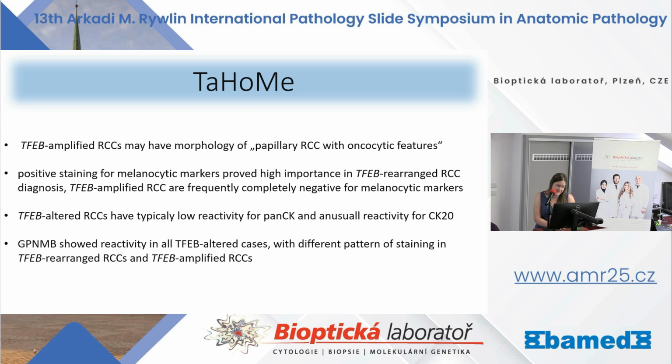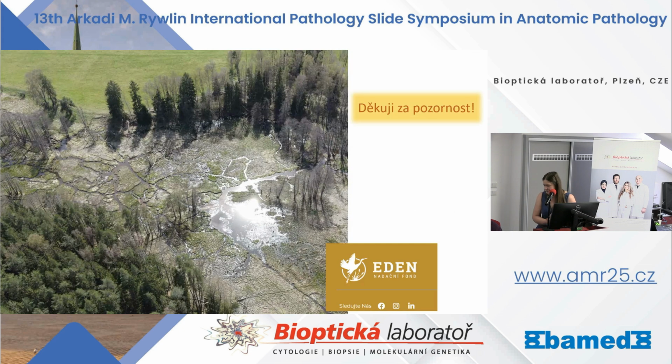TFE-B altered renal cell carcinoma typically has low reactivity for cytokeratin and usually at least focal reactivity for CD20. And GPNMB is a good marker for TFE-B altered renal cell carcinoma. However, in TFE-B translocated renal cell carcinoma the staining is usually diffusely positive, but in TFE-B amplified renal cell carcinoma the staining may be only focal. Thank you very much.